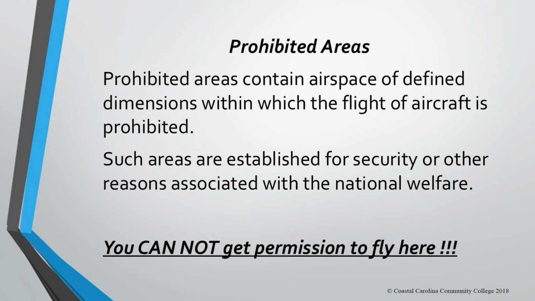Now, prohibited areas contain airspace defined by dimensions which you find on your sectional chart in which the aircraft is prohibited. Such areas are established for security or other reasons associated with national welfare. You cannot get permission to fly there.